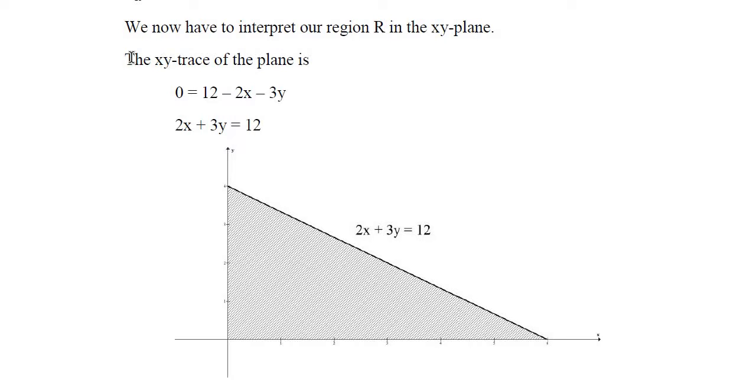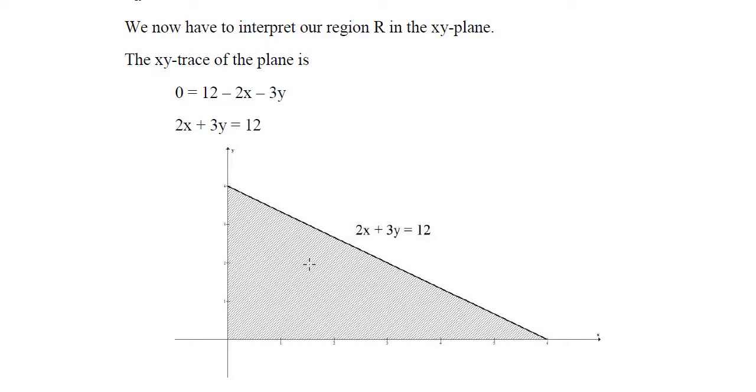So the xy trace of that plane looks something like this. That plane intersects my xy plane at this line, 2x plus 3y equal to 12. So plugging in 0 for z gives us where that plane intersects my xy plane.